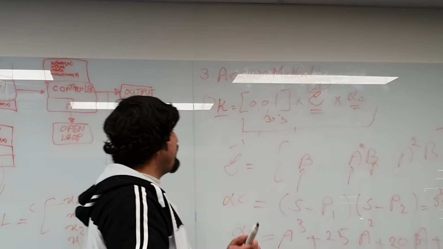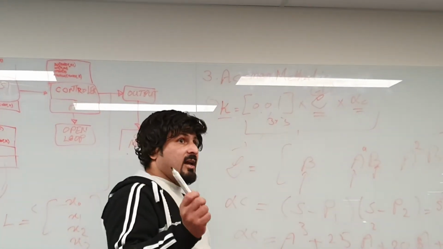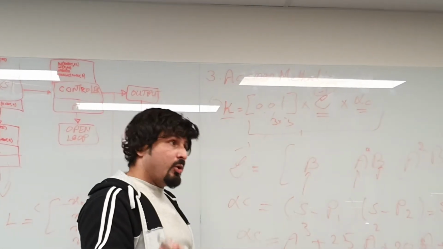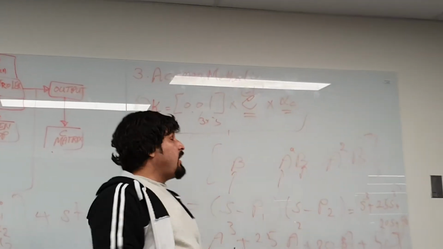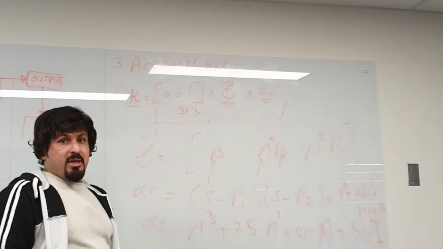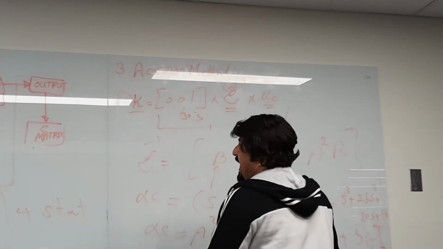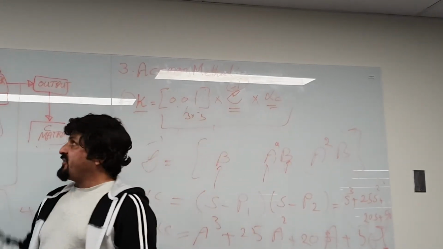As I said to you before, I'm going to discuss the last method, which is the Ackermann method. I'm saying to you also now, this is the recommended method, which is easy to apply and easy to get the result, and then compare it with our transfer function.